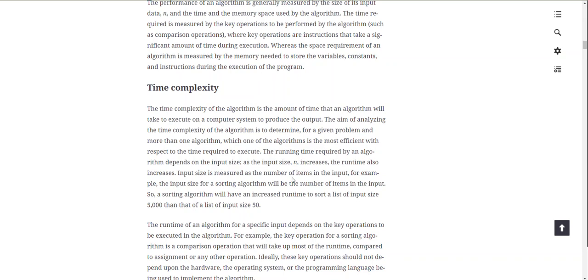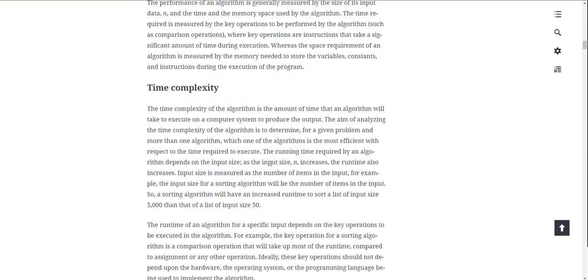Well, does the runtime increase in a slow way, or is it a dramatic increase? Is it an exponential increase? If n increases by 10, does time increase by 100? Wow, that's huge.